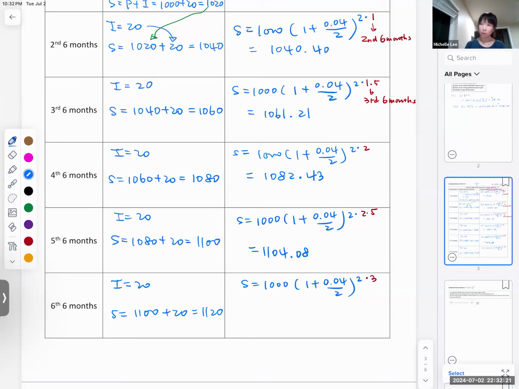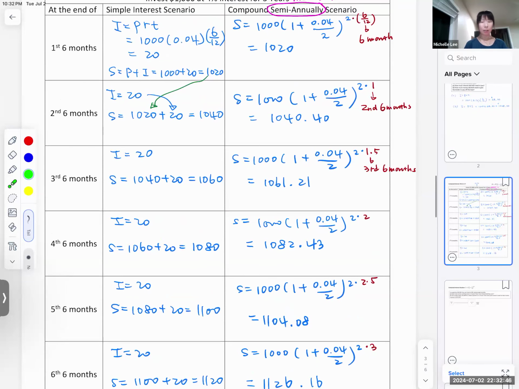If we calculate, this is $1,126.16. So it's a little bit, almost the same, but in that case they invest only $1,000. If you invest more, compounding has better interest, right?